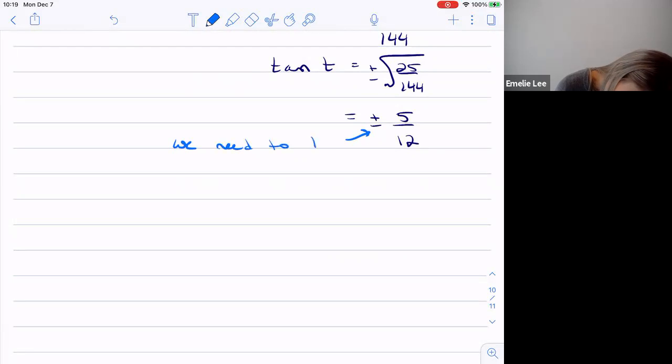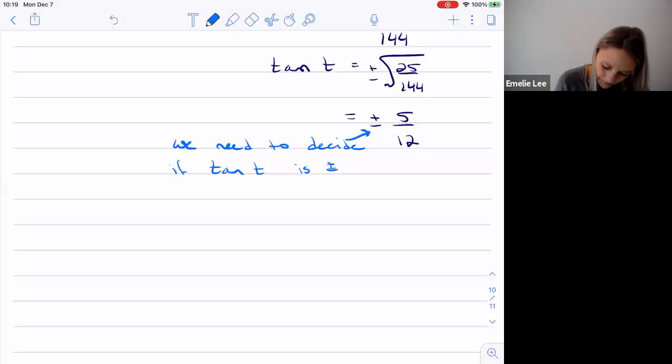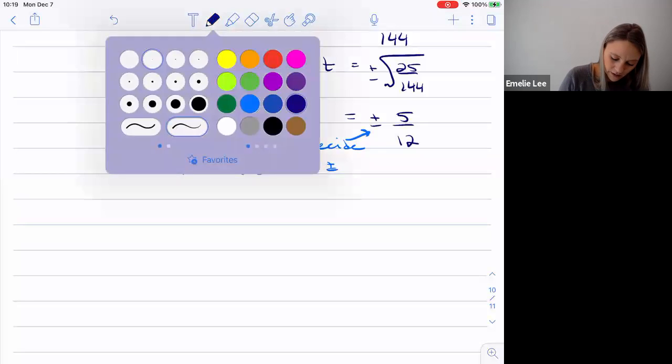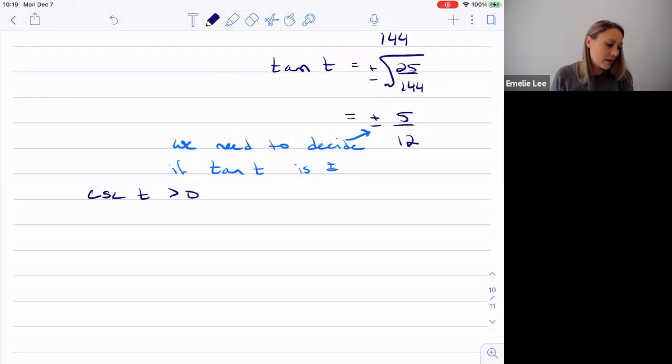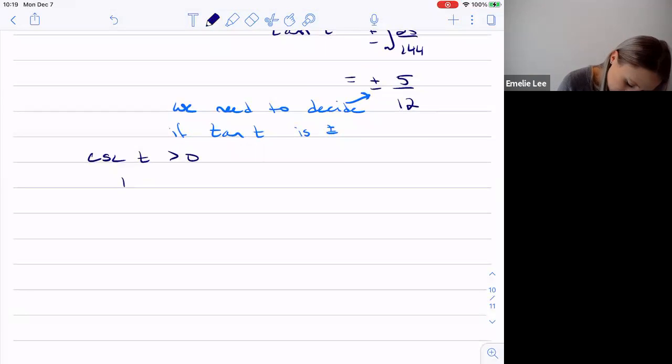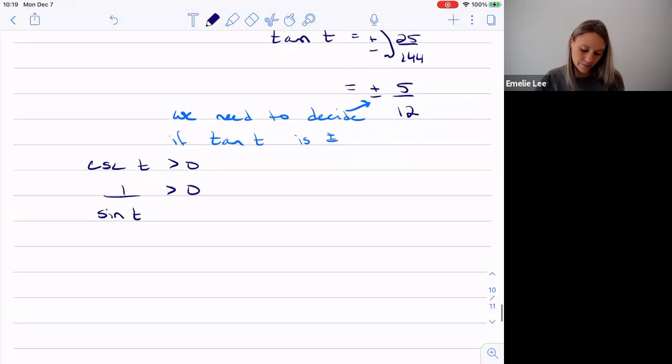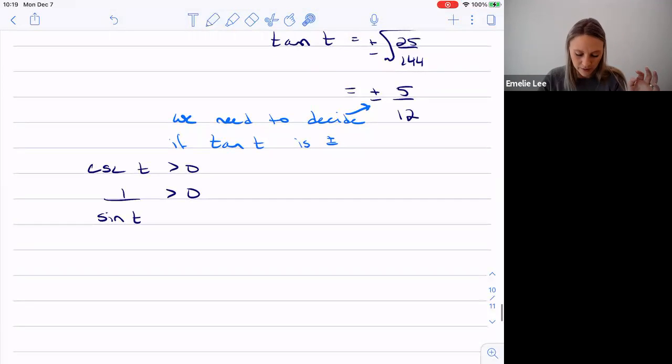The cosecant of t, remember, is 1 over the sine of t, and it's greater than 0. So in order for that to happen, sine t must be positive.